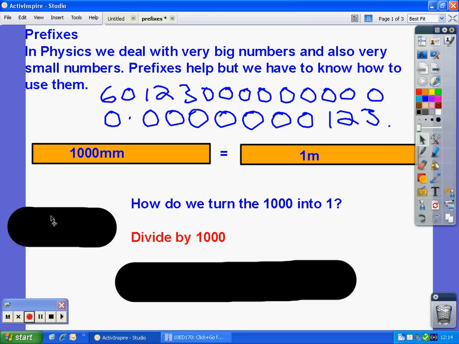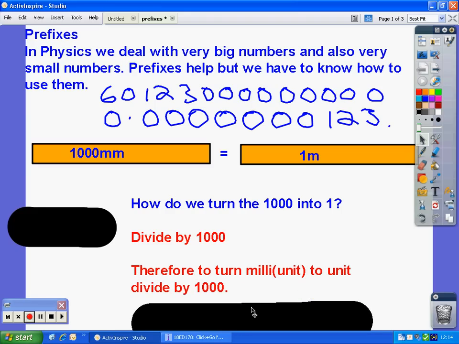Divide by 1,000. So really, if we have milli anything and we want to turn it into its original unit, we divide by 1,000. So when we're dealing with units, we have to think, how do we use the prefix and how can we convert it back into its original unit?